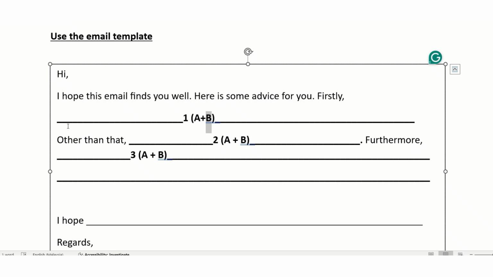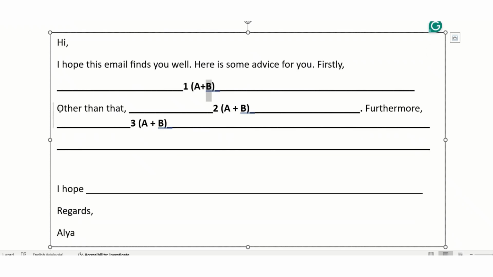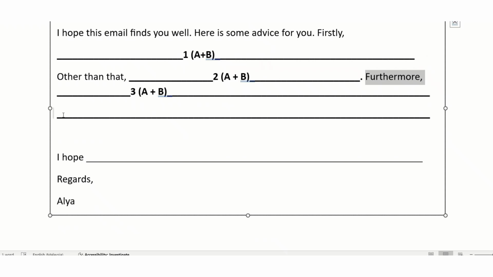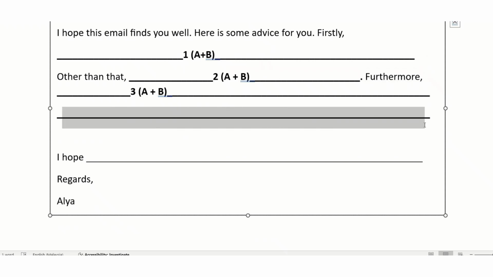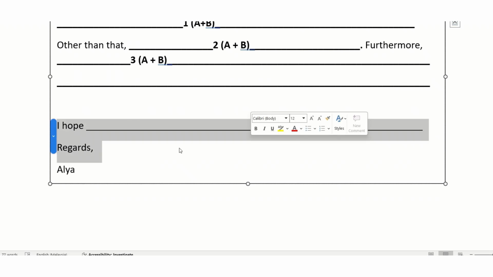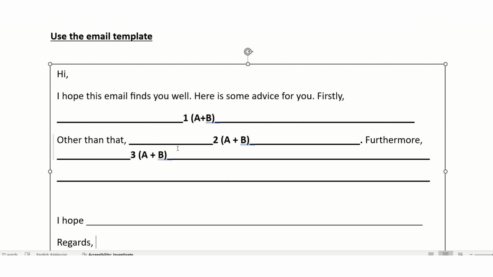This email template has its own linkers right here, just to connect everything and add to the cohesion of the content, and here is the conclusion part, and also now this is the ending, the hope statement, and the name of the writer.